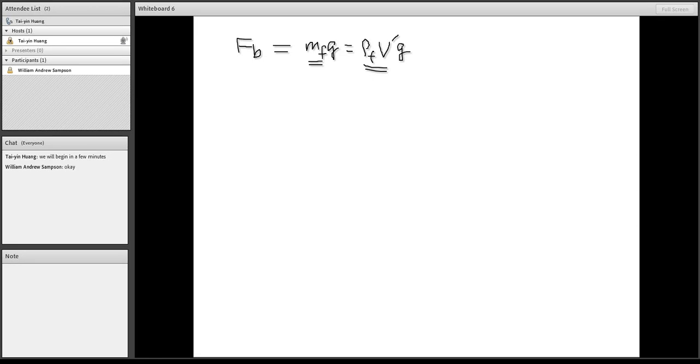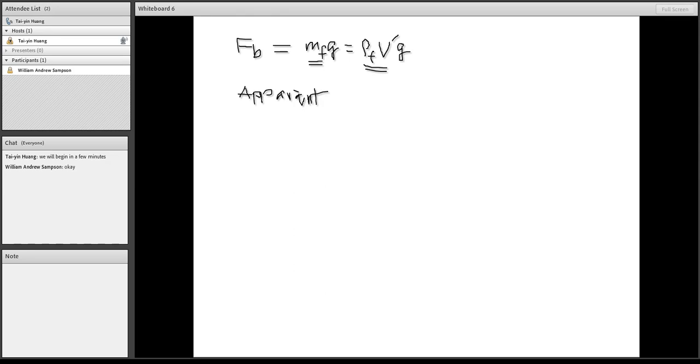So to write that in an equation, the weight in the fluid we call the apparent weight, W_app.